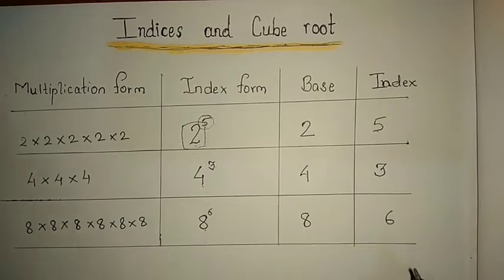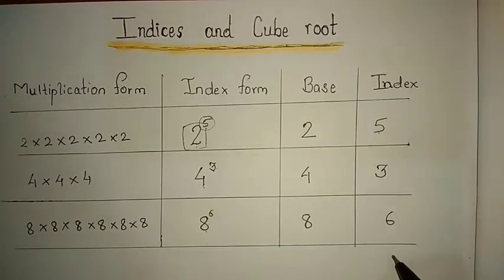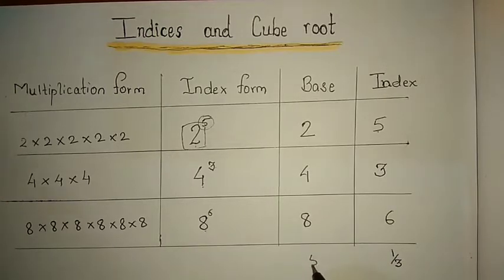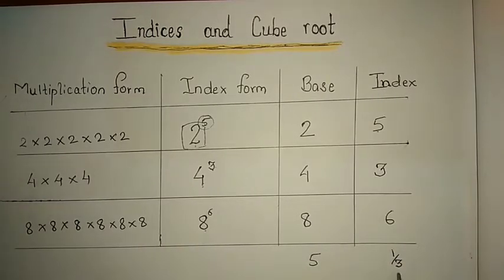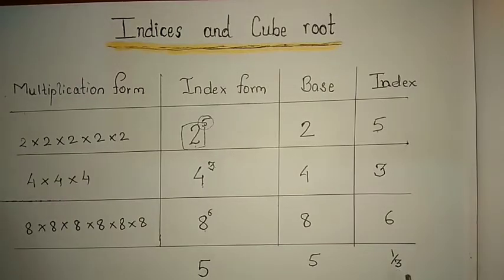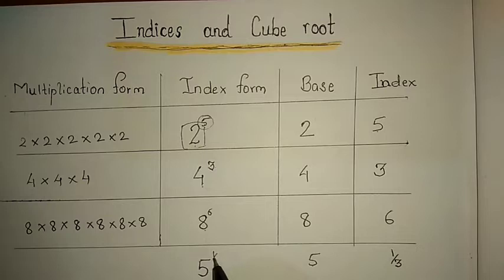So if I have written the index like this, 1 divided by 3, and this is the index of, for example, 5, base is 5 and index is 1 divided by 3. Then how will you write this number in index form? Yes, it is very simple. You have to write the base in big font, that is 5 is the base, and the index is 1 divided by 3 in small font.